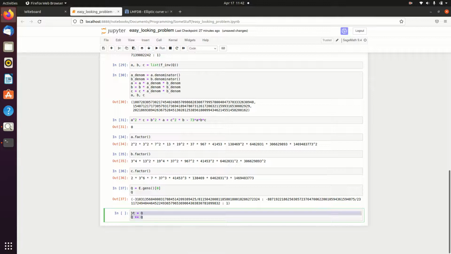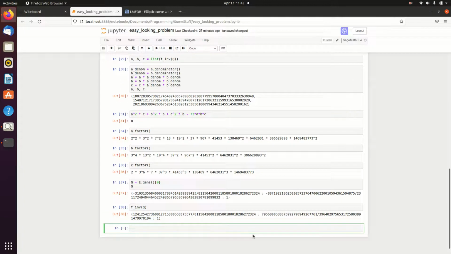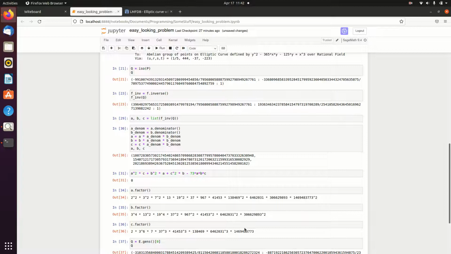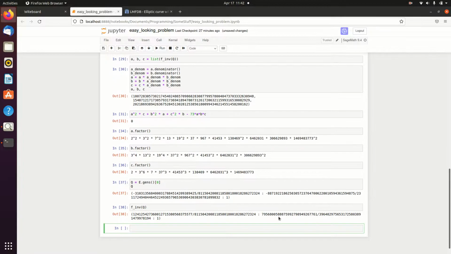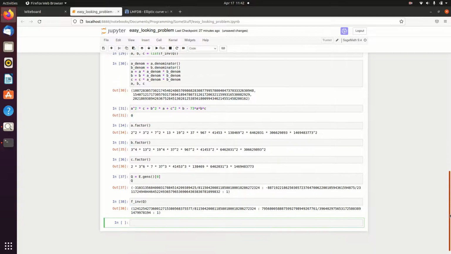Well, no, sorry, that was wrong. We are not actually interested in the point Q, we are interested in the image of this point, and that gives us also some positive numbers, so I can't complicate it here.